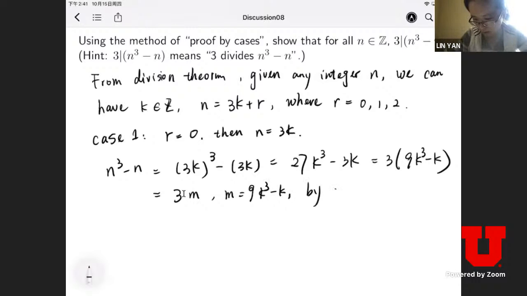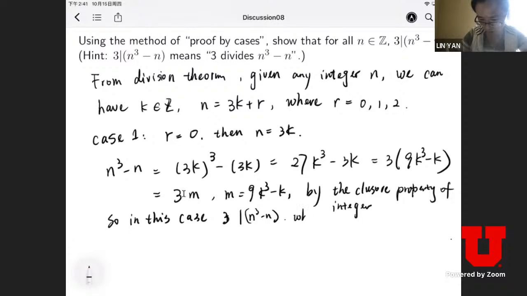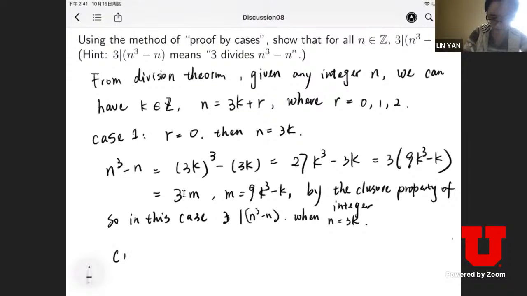This is by the closure property of integers. So in this case, n cubed minus n is divisible by 3. We still have the 2 other cases.